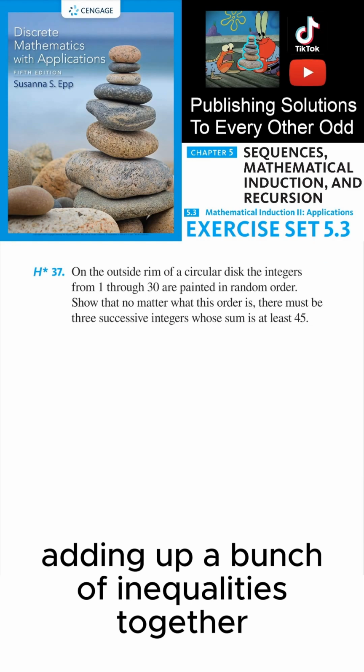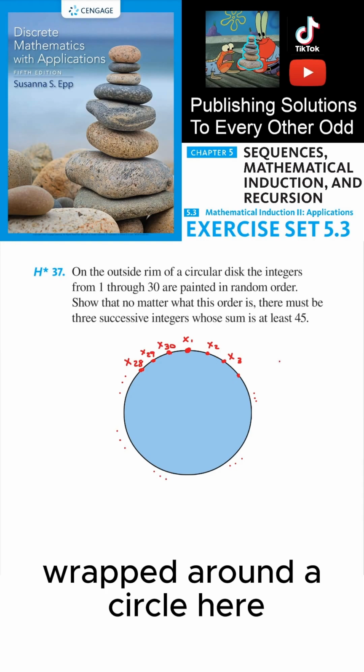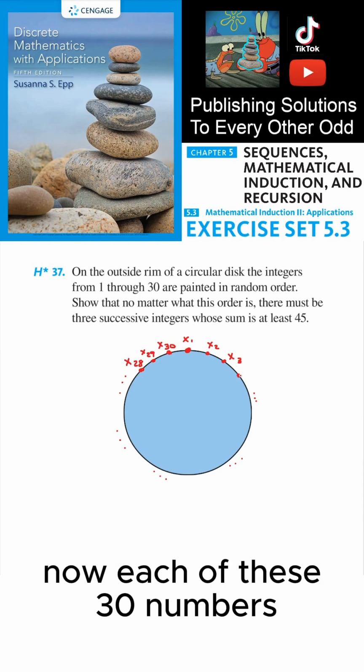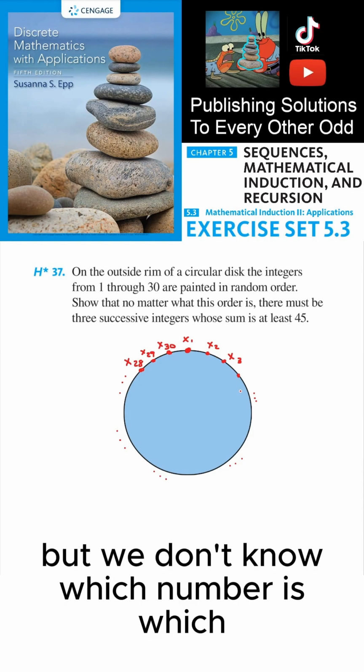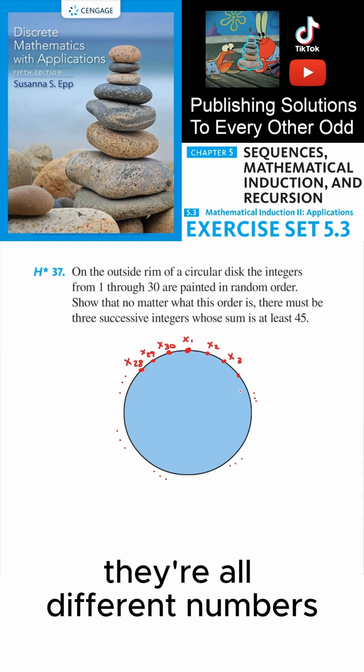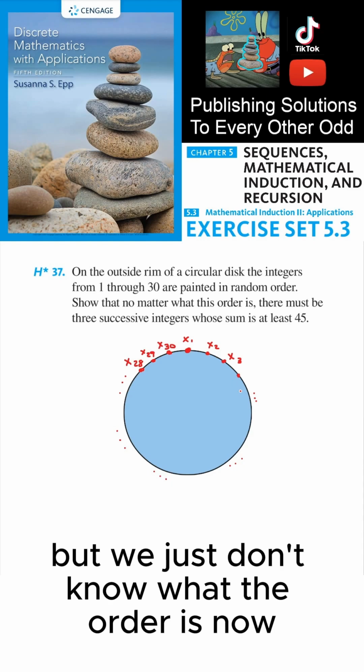of inequalities together. So here I have these 30 numbers wrapped around a circle. Each of these 30 numbers is one of the numbers 1 through 30, but we don't know which number is which. They're all different numbers, and they're all from 1 to 30, but we just don't know what the order is.